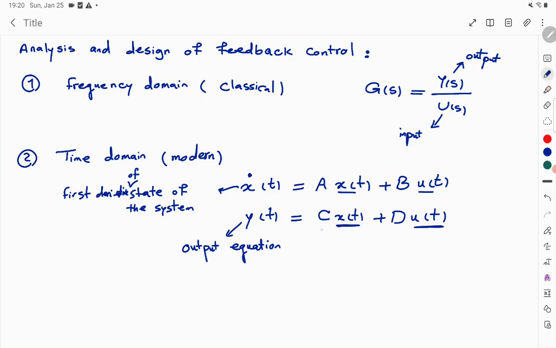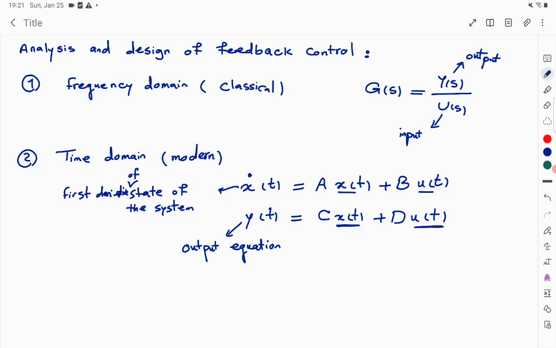In the system we should see which variable, which one of the states, can be measured, and then based on the measurement we can write this C, which shows that our measurement equals C times x.